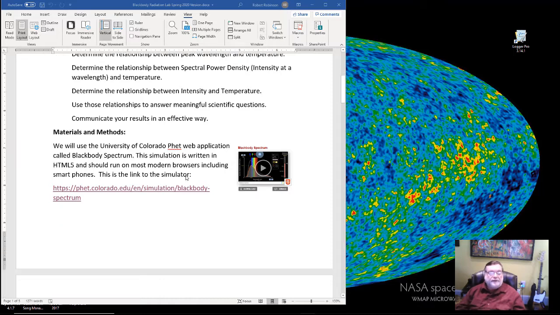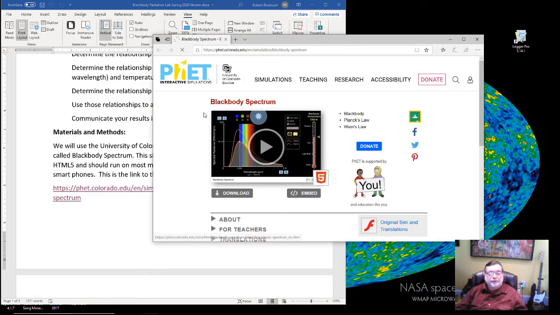So, the equipment for this week's lab is this PhET simulation from the University of Colorado. In order to link to things from a Word document, you hold down the Control key and click to follow the link. And that brings you to the University of Colorado at Boulder PhET page, and shows you the blackbody spectrum simulator that you're going to be using.